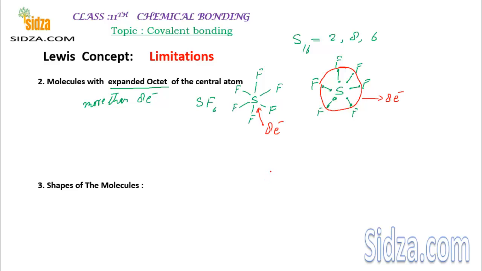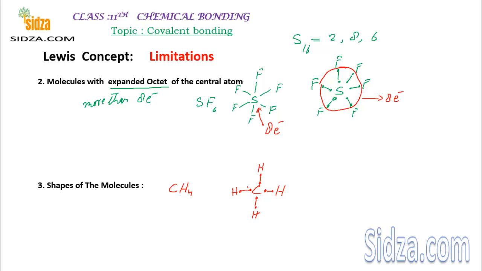One more drawback of the Lewis concept is that it cannot explain the shape of a molecule. We know that in the methane molecule CH4, carbon has 4 electrons in the valence shell, and each hydrogen atom provides 1 electron.